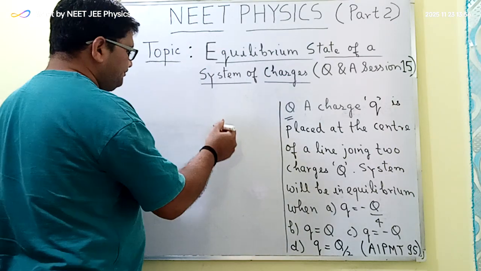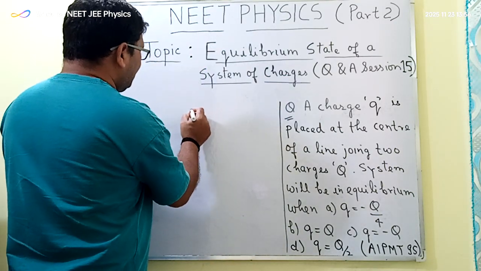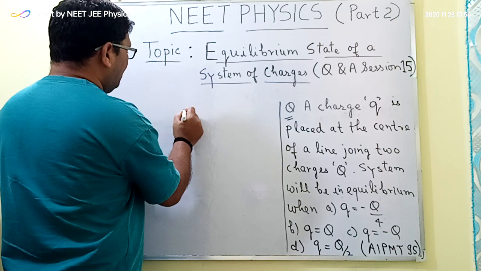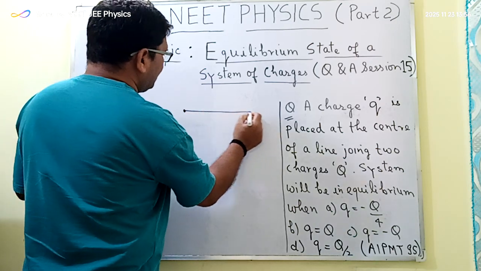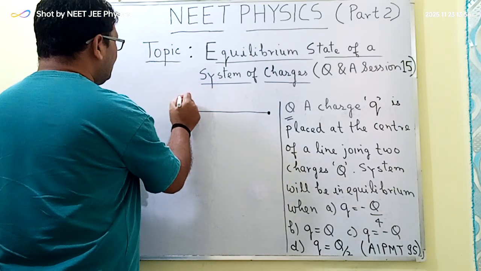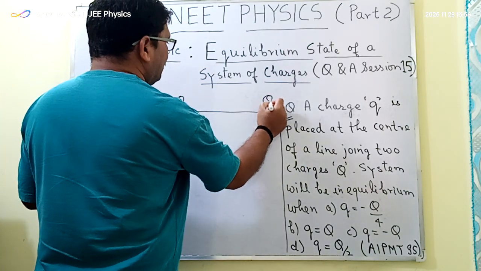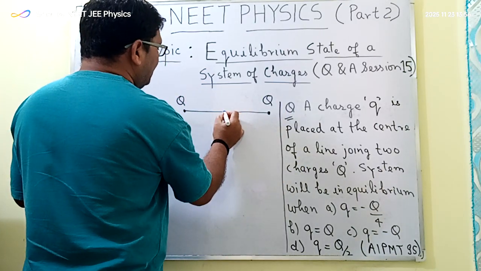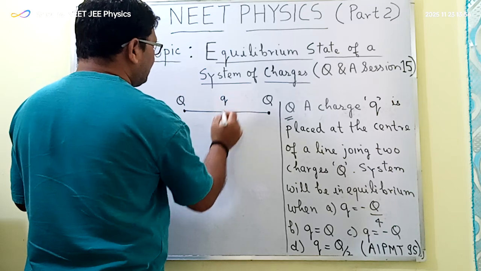So here, let us say this is the line joining the two charges of magnitude Q. Both are positive charges, and another charge of magnitude small q is placed at the center.